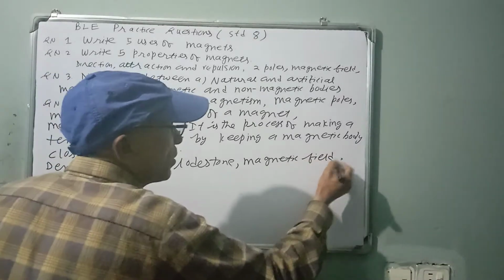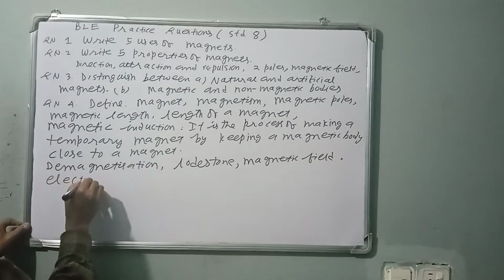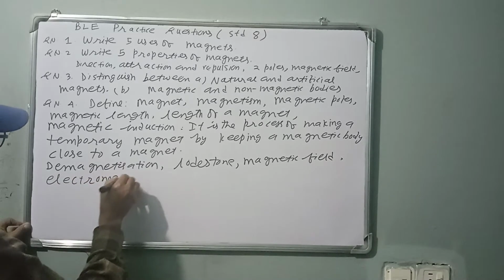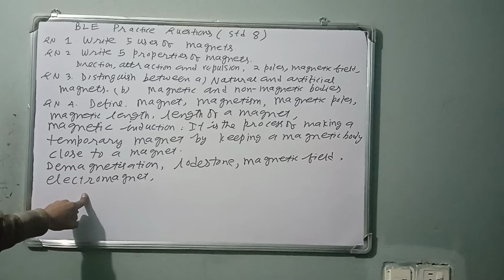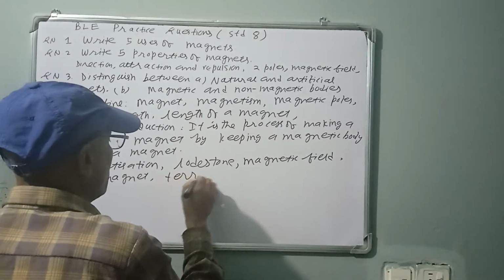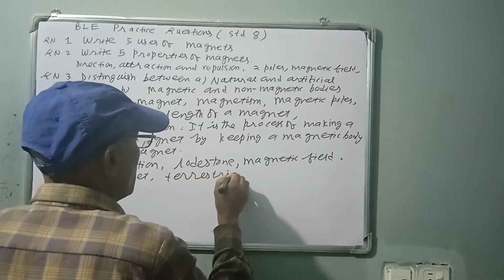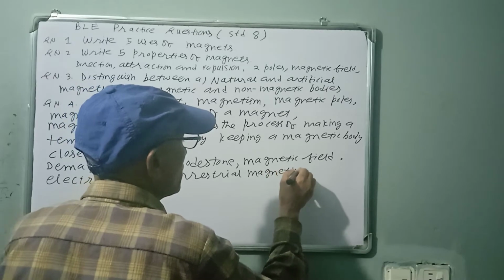Another word is terrestrial magnetism. Electromagnet: the magnet made by passing direct current. Terrestrial magnetism.